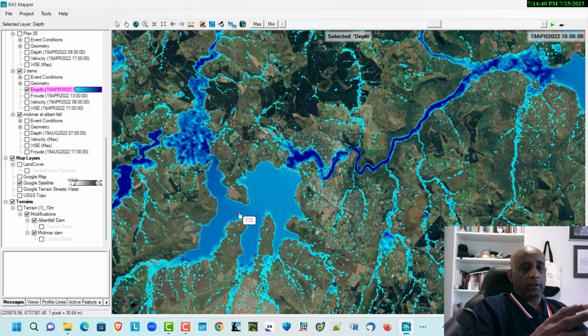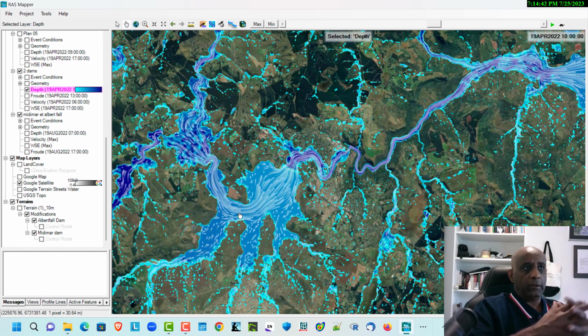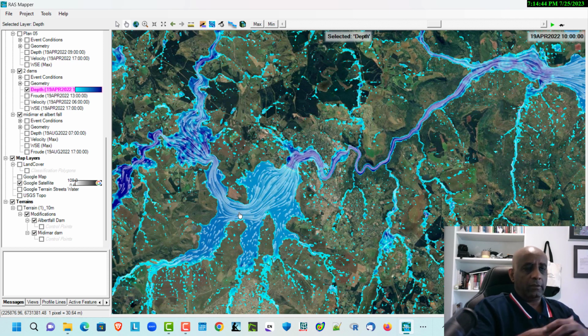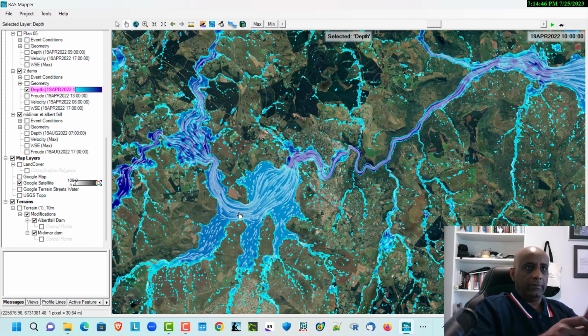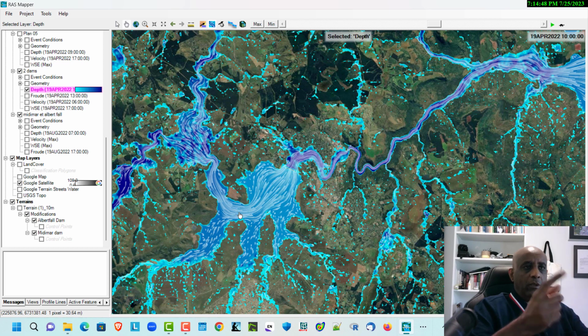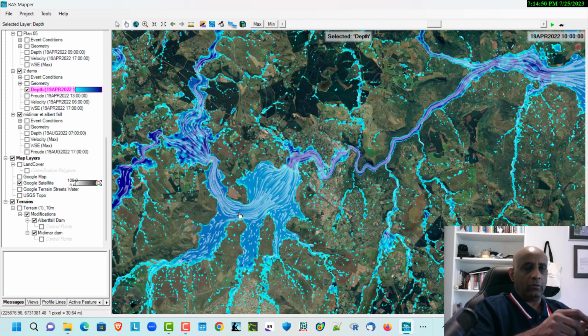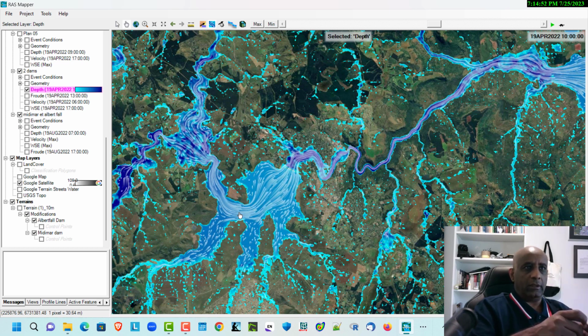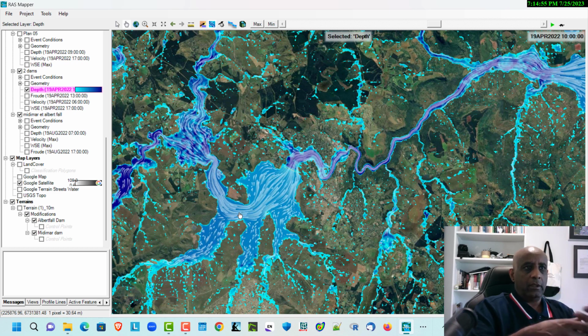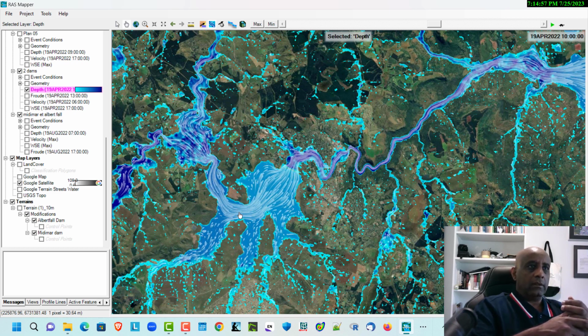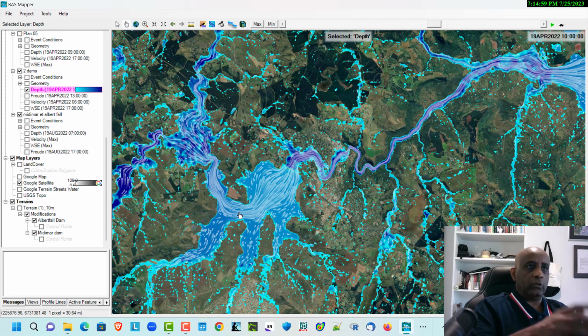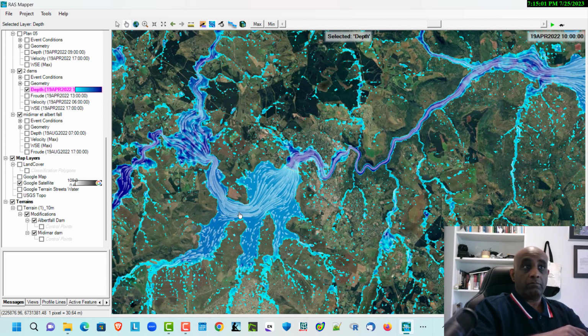Actually, the very important thing for me is not running the model, but interpreting the model and knowing whether the data is sufficient to explain the situation on the ground.